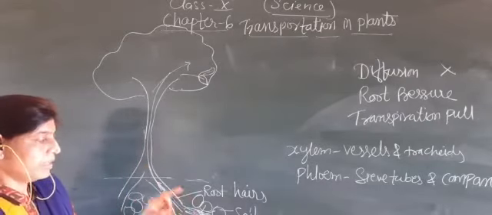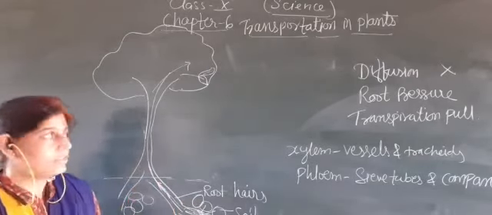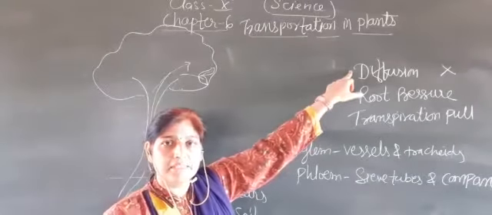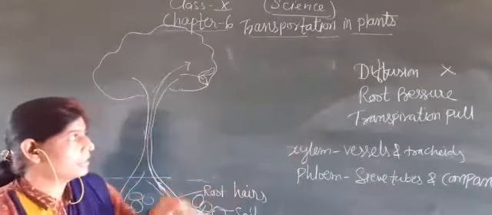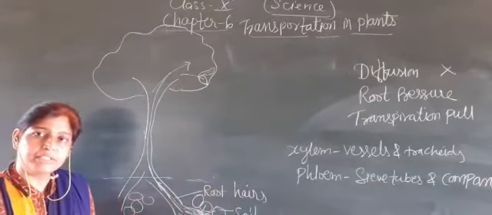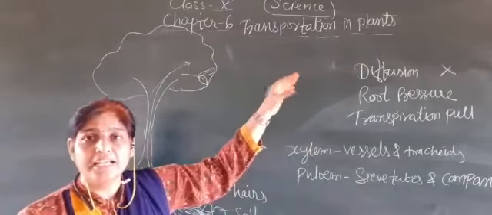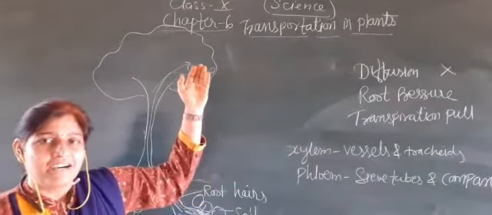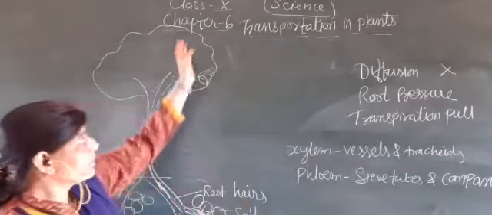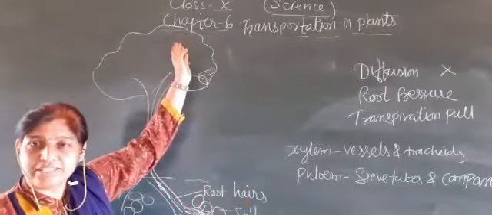How is this transported? Lower plants follow the diffusion method, in which water moves from higher concentration to lower concentration easily, but this is a very slow process and it would take many years to reach water to the highest or tallest plant.